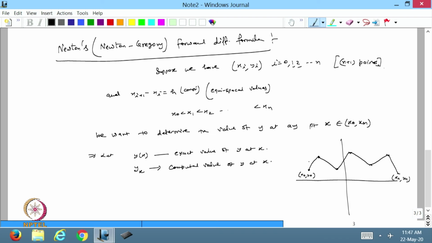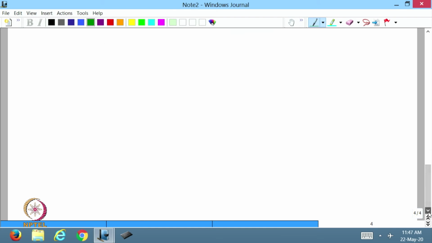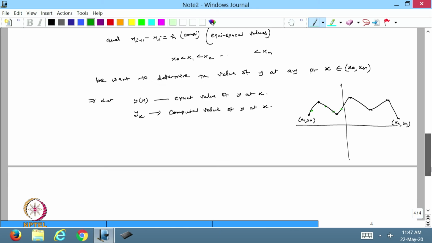My x can be here, or here, any value I want to find, and y(x) is the exact value of the function at this point, and y subscript x is the computed value. So, this is my interpolating polynomial.